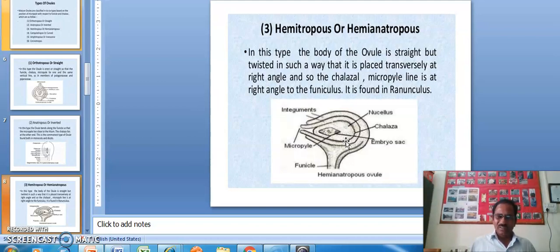It is found in Ranunculus. This is the hemianatropous ovule. This is the micropyle. This is chalaza. Then these are the integuments. This is nucellus and the embryo sac. This is the figure of hemianatropous ovule.